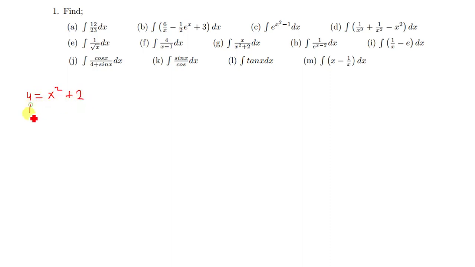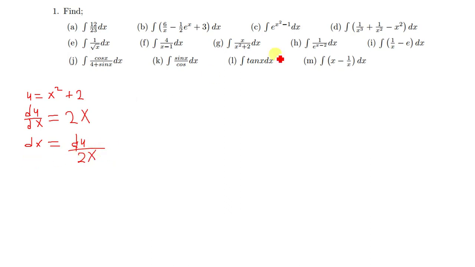When you find du/dx, your solution will just be equal to 2x. Then you make dx the subject, so you are going to have du over 2x as your dx.